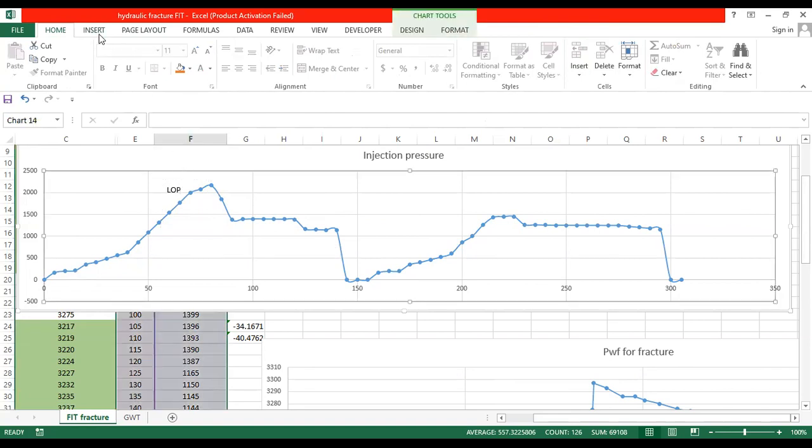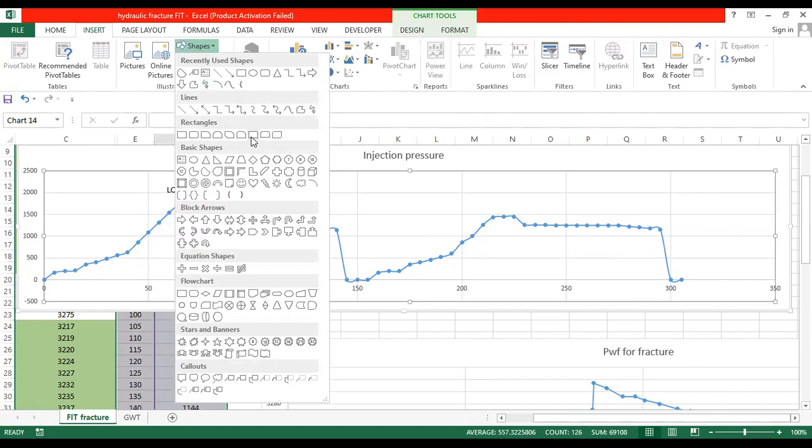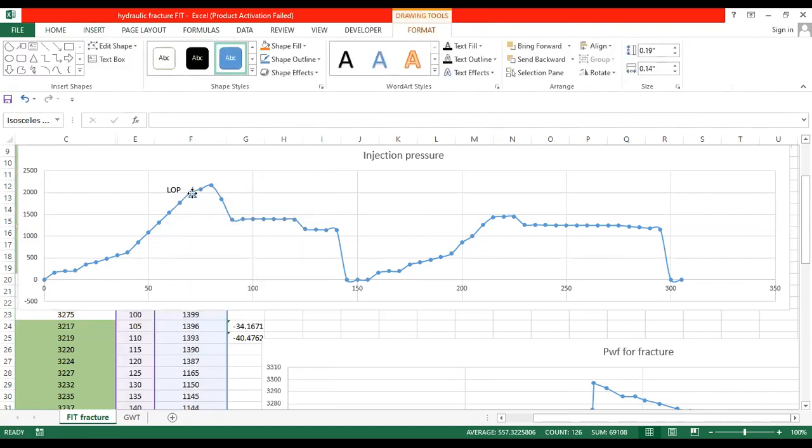So I can just insert a shape. From this point onwards, you can see that these are the points which are not equivalent to the slope we got here. These are deviated points, probably because of either skin effect or wellbore damage.